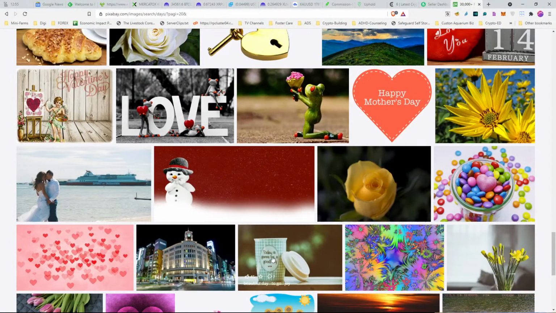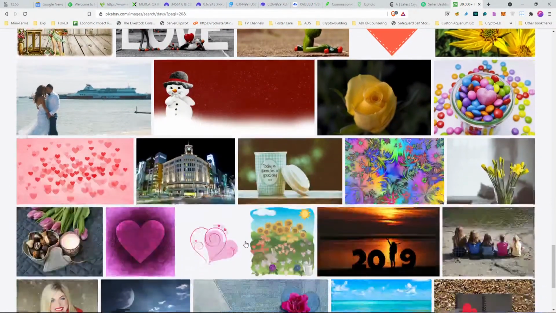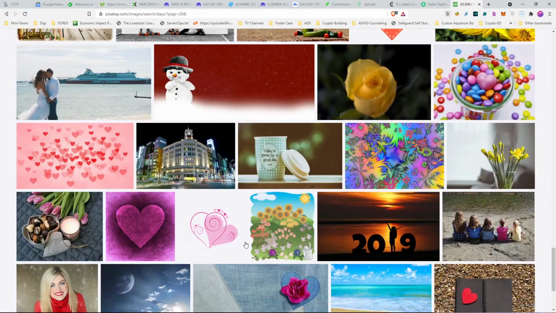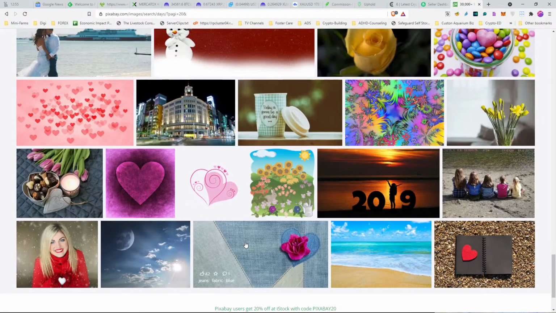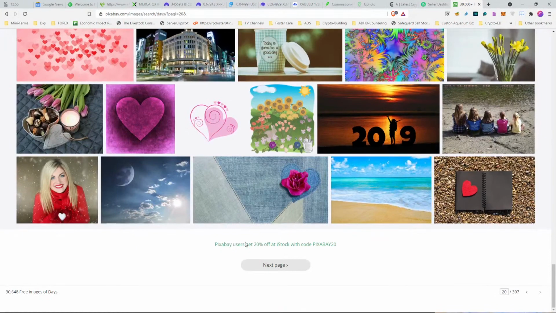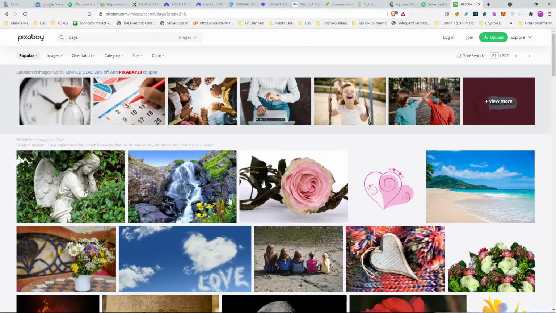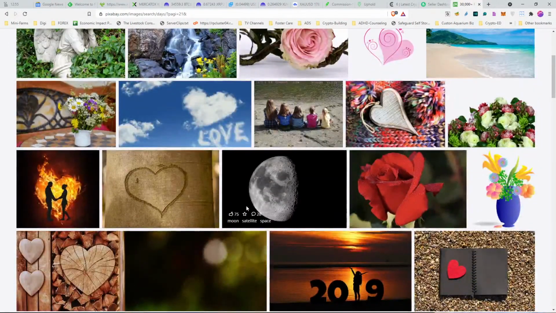There are so many pieces of graphics and art and pictures that you can use. You can create a pretty interesting game on the topic of love, and just about any topic you want.